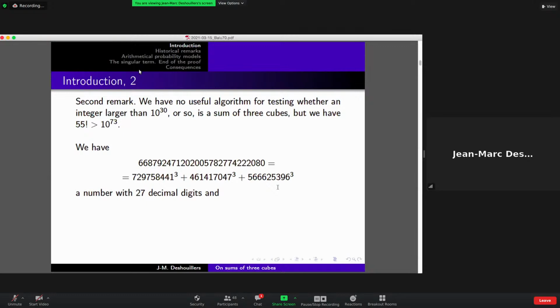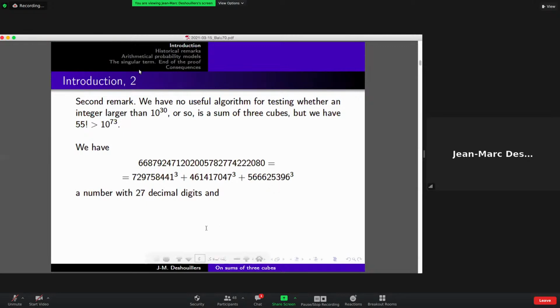There is a slight improvement that has been done by Booker last year, which is to remark that a sum of 2 cubes, x cubed plus y cubed, is divisible by x plus y, and so you can use this to slightly accelerate the algorithm.